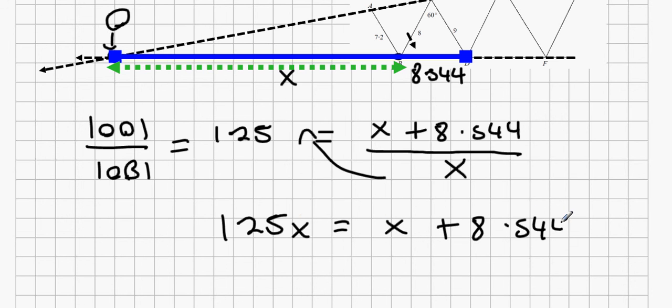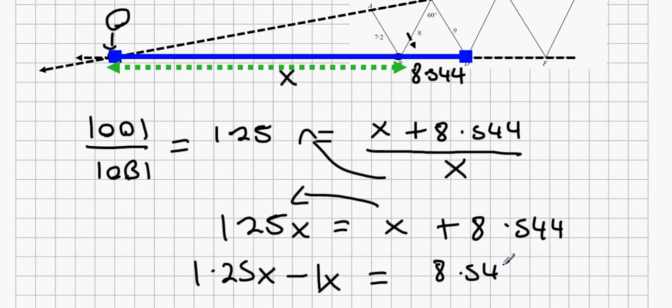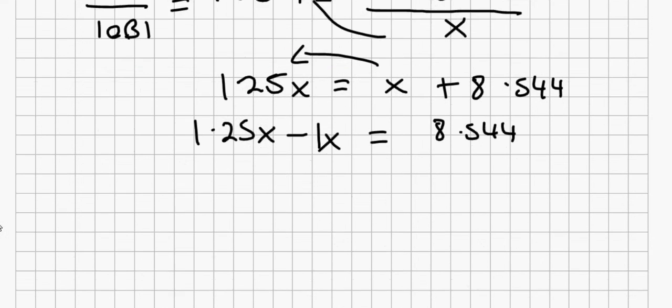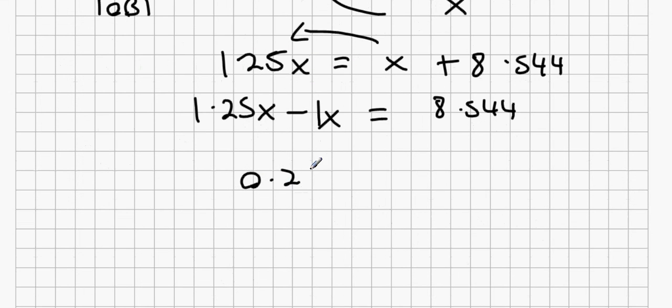We bring the X over to the other side and get 1.25X minus 1X equals 8.544. Then we get 0.25X equals 8.544. Divide 8.544 by 0.25.